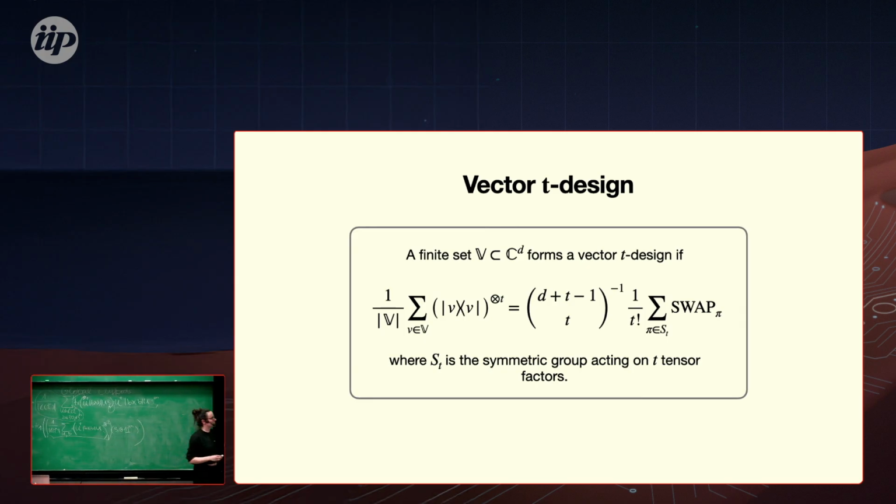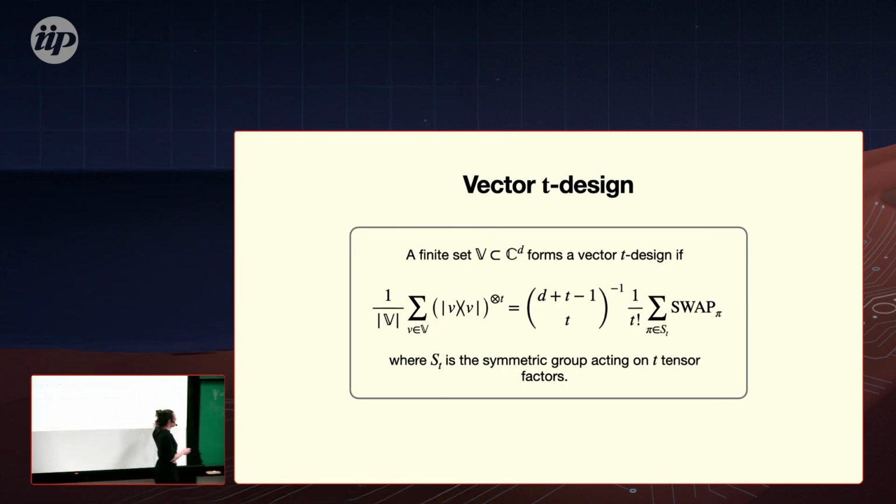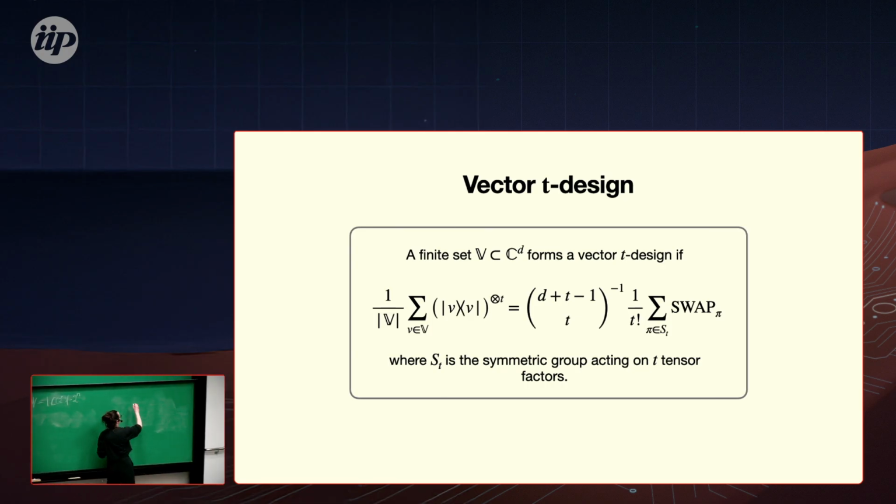And now we need to go to the right side. We want to know what it actually is. So this is the binomial coefficient here. Just to remind you, n over k is the same as n factorial divided by (n minus k) factorial times k factorial.